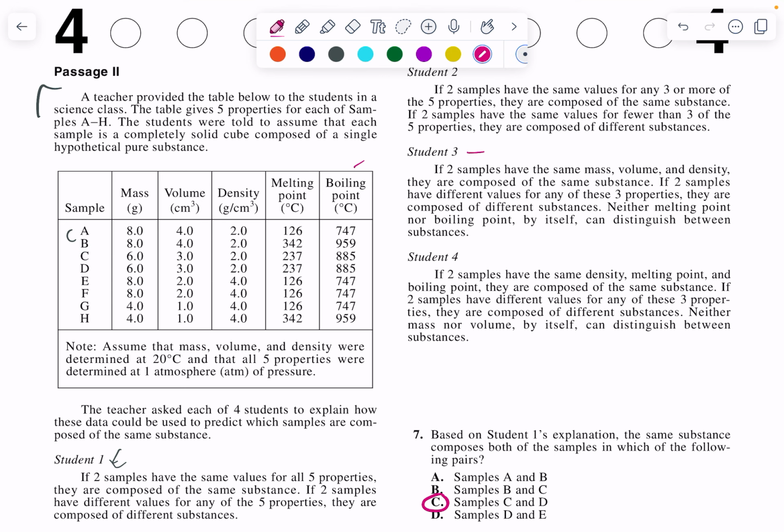If 2 samples have different values for any of these 3 properties, they're composed of different substances. Neither melting point nor boiling point by itself can distinguish between substances. So student 3 says, hey, if mass, volume, and density are the same, it's the same thing.